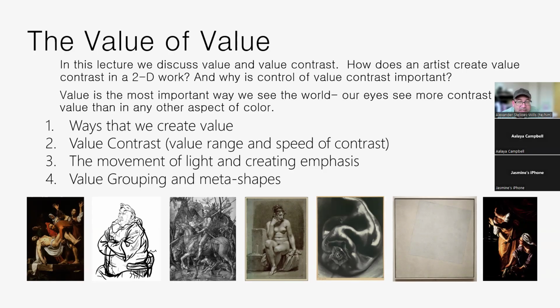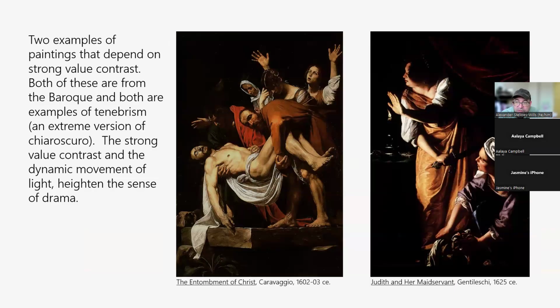It can be quite complex. I'm just going to be covering two main characteristics of value contrast. And then we're going to be talking about how value contrast is used to create hierarchy, create emphasis, and stuff like that.